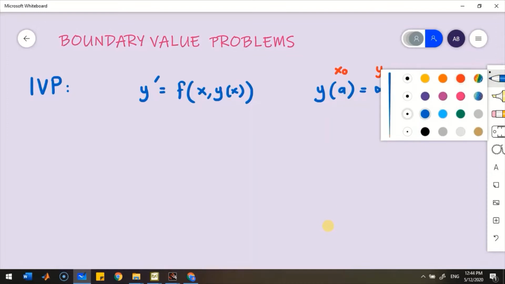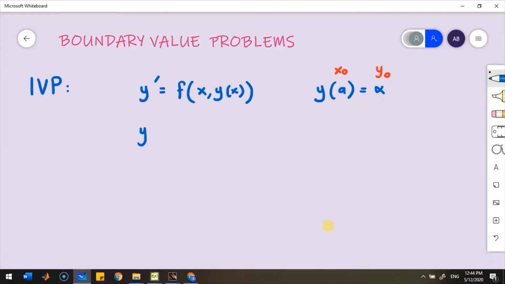Similarly, if I have second order, we have f of x, y of x, y prime of x, and then you can have y of a equals alpha. This is the initial condition.